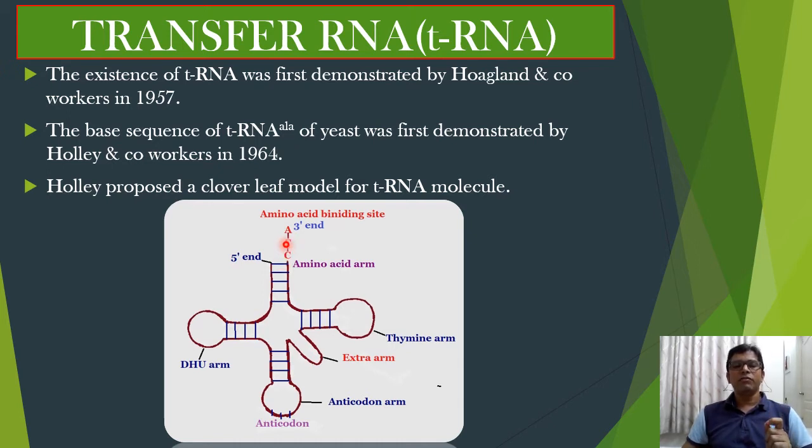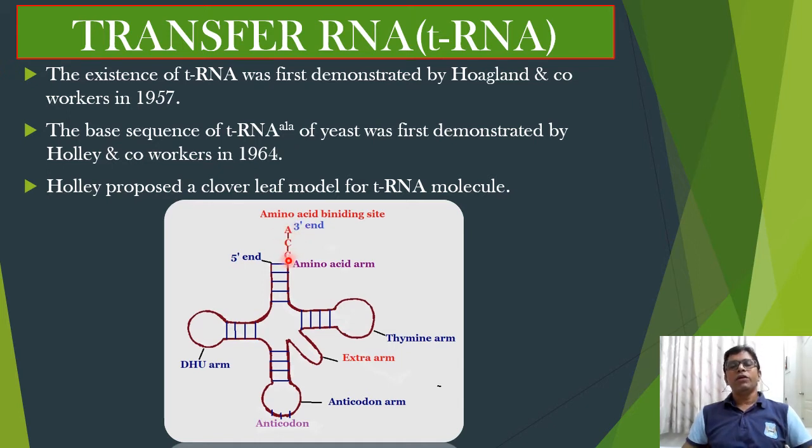The terminal residue, that is adenine, is the site for the attachment of an amino acid, hence it is called the amino acid binding site. Amino acids bind to the adenine of CCA.